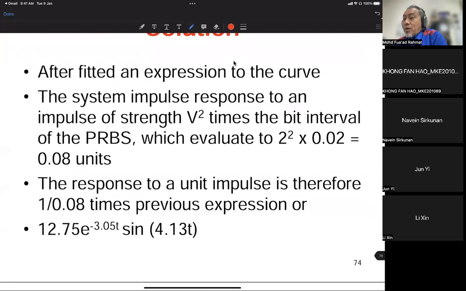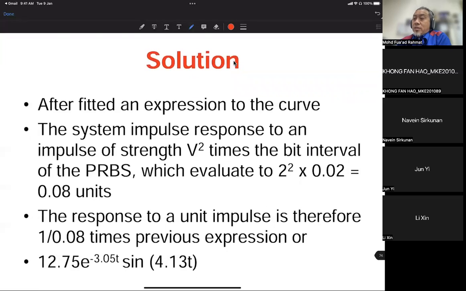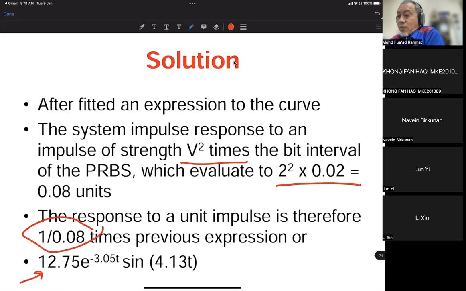After fitting an expression to the curve, the system impulse response is to an impulse of strength V squared times the bit interval, which evaluates to 2 to the power of 2 multiplied by 0.02, equal to 0.08 units. The response to unit impulse is therefore 1 divided by 0.08, which produces 12.75 exponent minus 3.05t sine 4.13t.